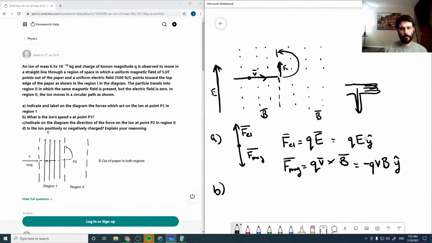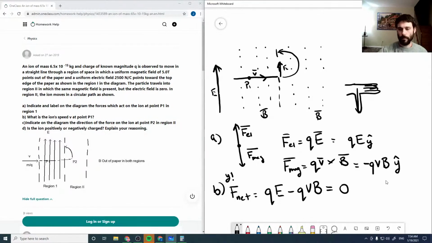For B, what is the ion speed at point P1? So this would be P1 here. We are given various factors here actually. So we have F net equal to QE minus QVB, which equals 0, in the y direction.